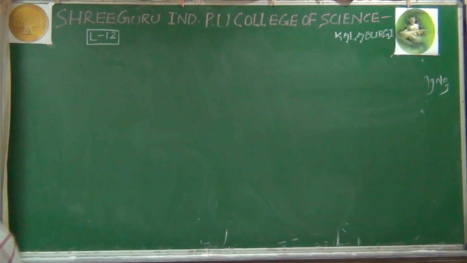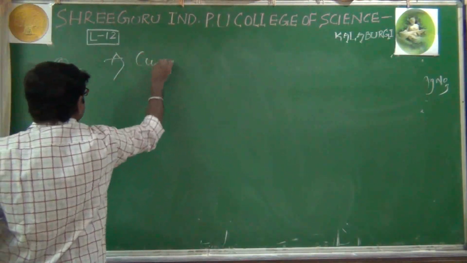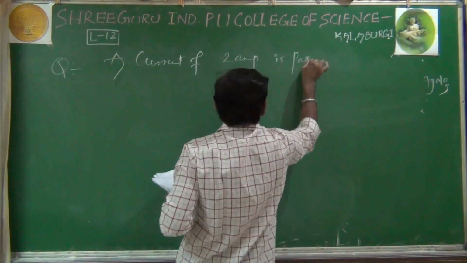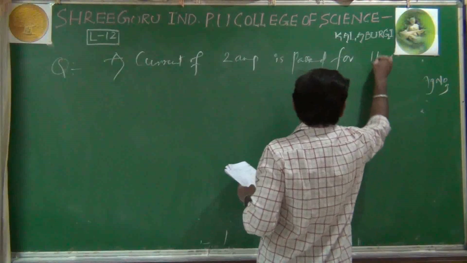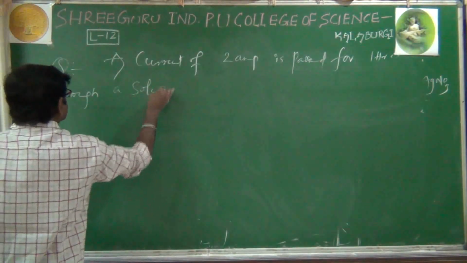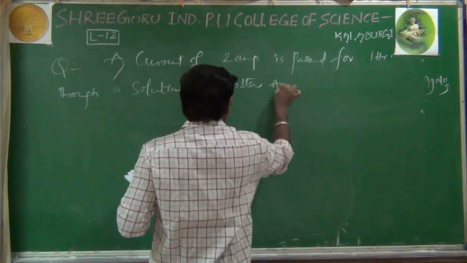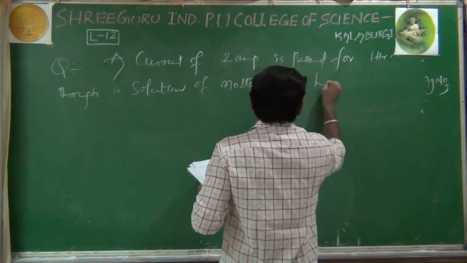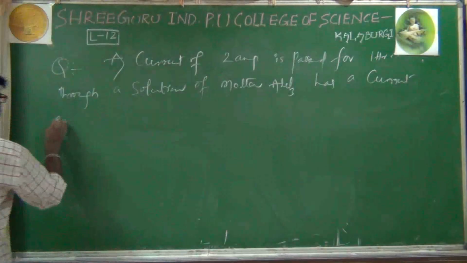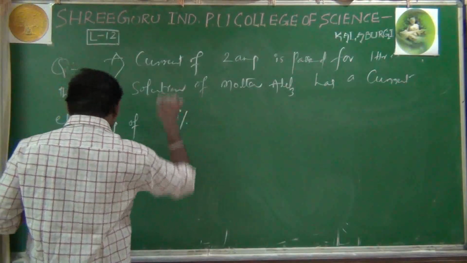Next question is like this. A current of 2 amperes is passed for 1 hour through a solution of molten AlCl3 that has a current efficiency of 50%.